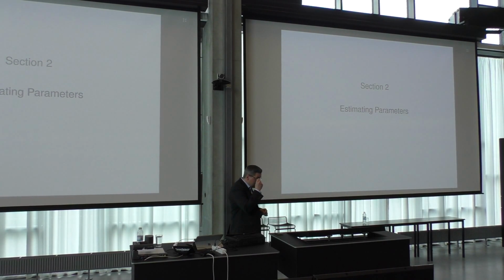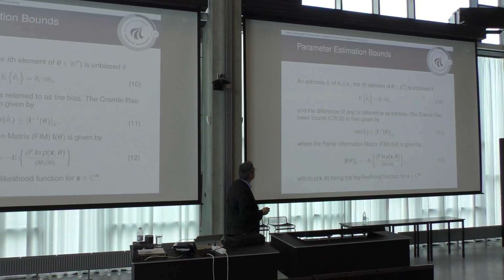So, how do we go about estimating parameters? Well, what does it even mean to estimate parameters, and what does it mean to have a good estimate of parameters? Well, we say that we have an estimate of theta i here. We put a hat on it when it's an estimate. And then you say that an estimate is unbiased if the expected value of the estimate is the true value, and any difference is what you call bias.